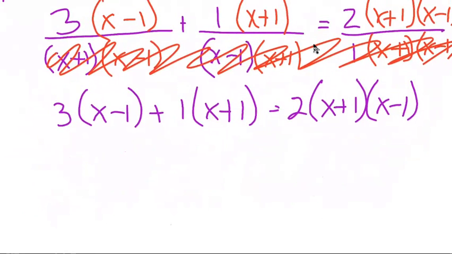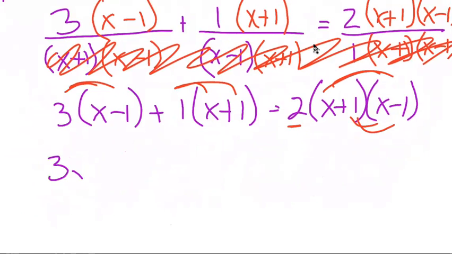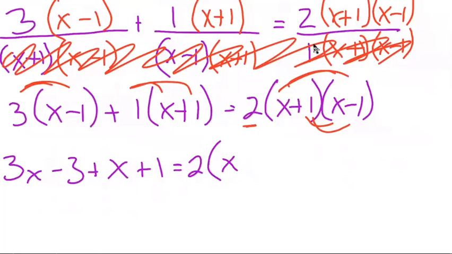Now, a few steps that we have to do. I'm going to distribute the 3 in here and the 1 in here. I'm going to FOIL this first: outside, inside, last. And then an intermediate step will be to multiply that 2 in. So I'm going to get 3x minus 3 plus x plus 1 equals 2 times x plus 1 times x minus 1, which is x squared minus x plus x minus 1.